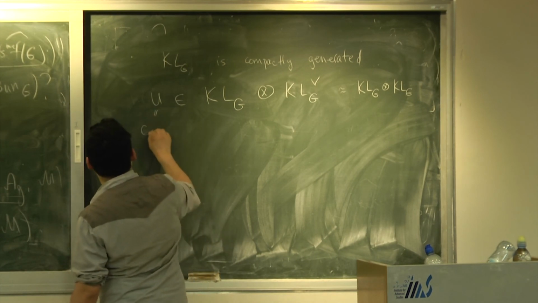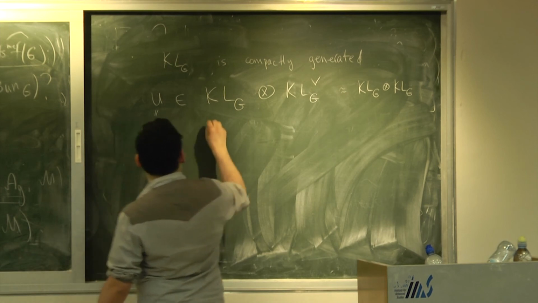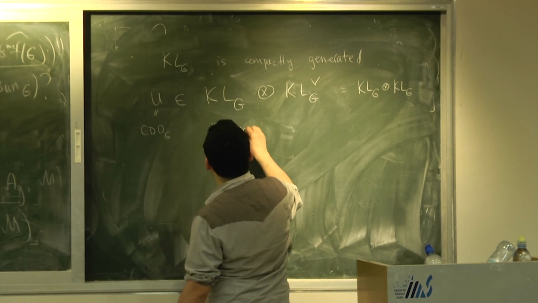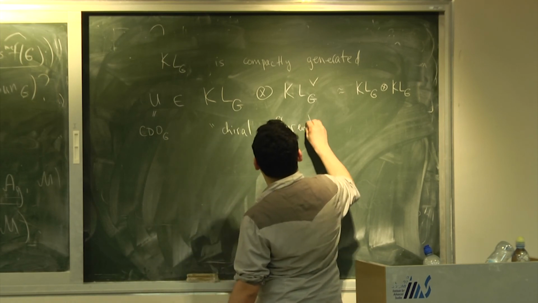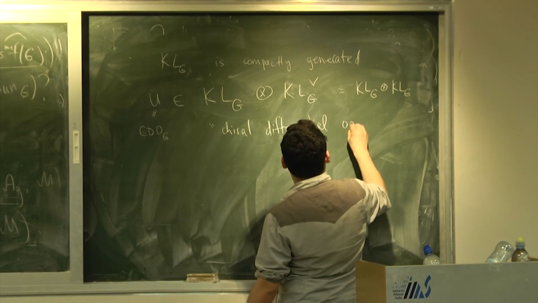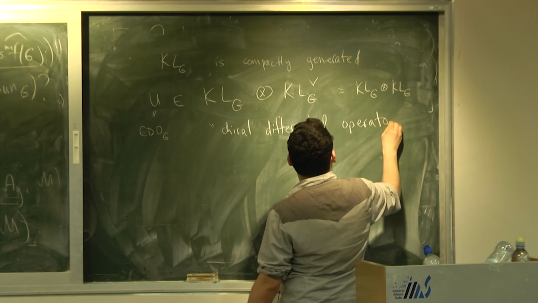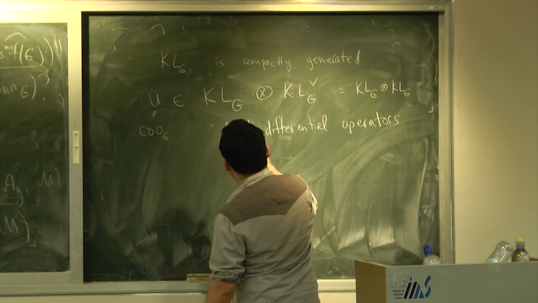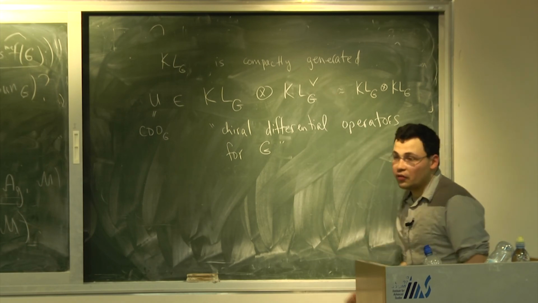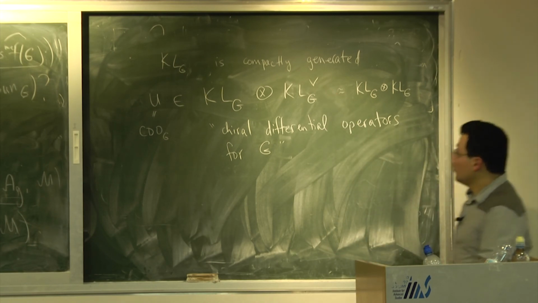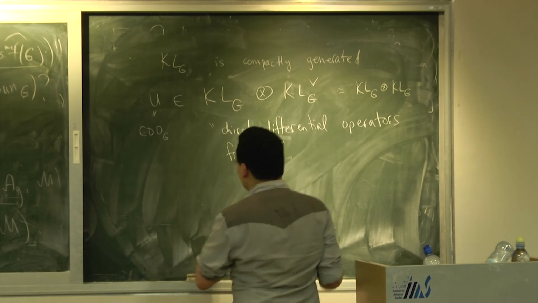It goes under the name of CDO sub G. So this is chiral differential operators for G. So for the experts, there's of course a shift in level by the Tate level, but let me ignore that.